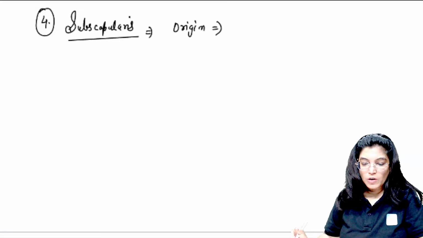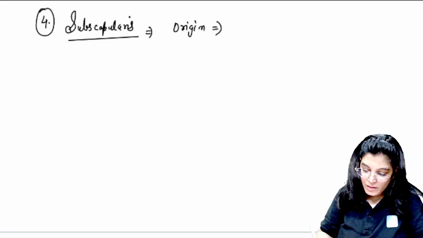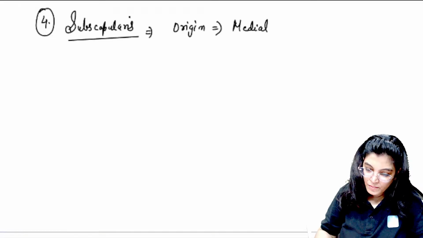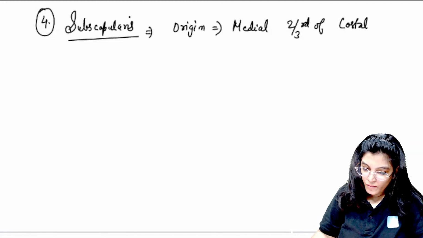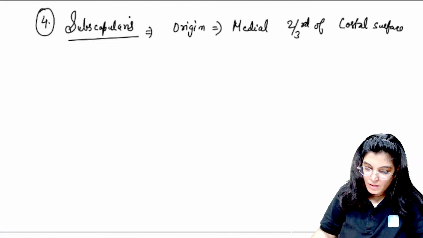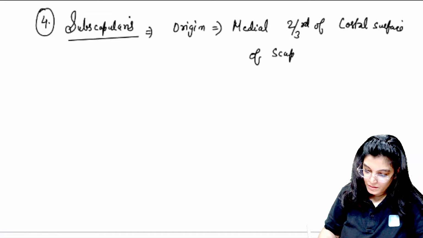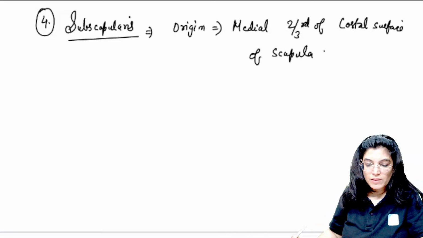So it originates from the costal aspect of the scapula, from the medial two-thirds of the costal surface of the scapula. That is also called the subscapular region.